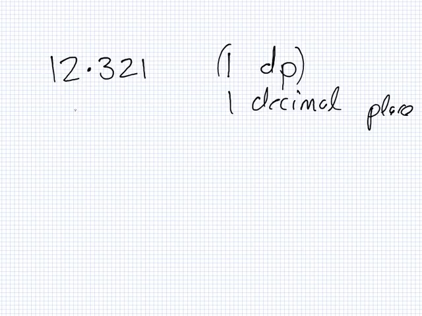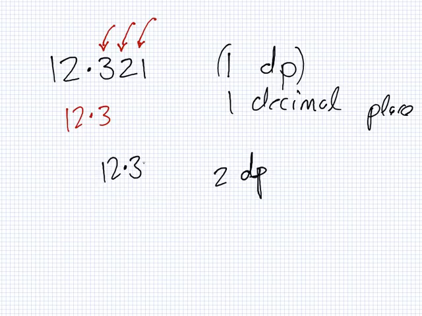That means 12.3. So this is called the 1 dp, first decimal place, second decimal place, third decimal place. So what would it be for 2 dp? 12.32. And then 3 decimal places will be 12.321. Yeah. But everybody knows this from high school.